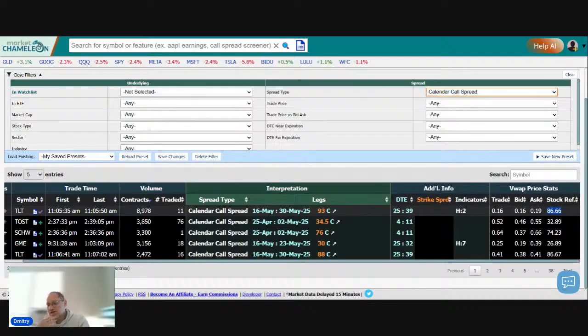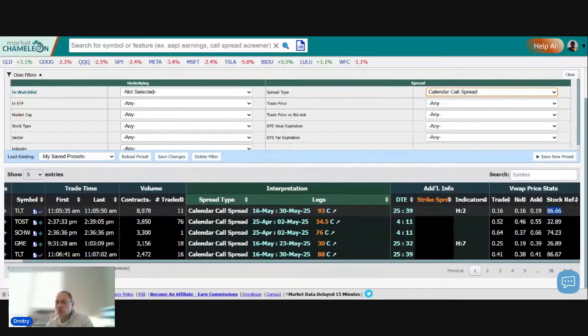What we know is that you'd have a bullish outlook on it because the stock's 86.66. Well, ideally, your sweet spot is that on May 16th, this stock price is at 93, right? Because the May 16th call that you sold will expire worthless, but the May 30th call will be right at the money where the time premium is the highest.